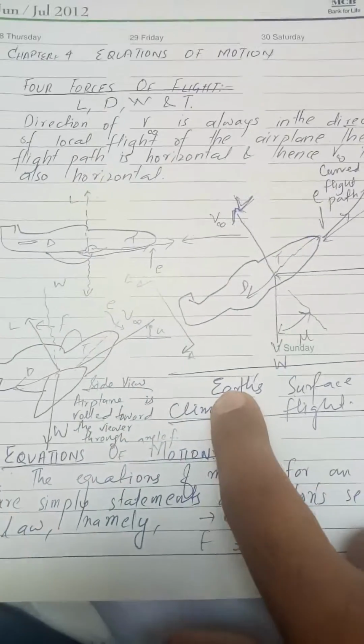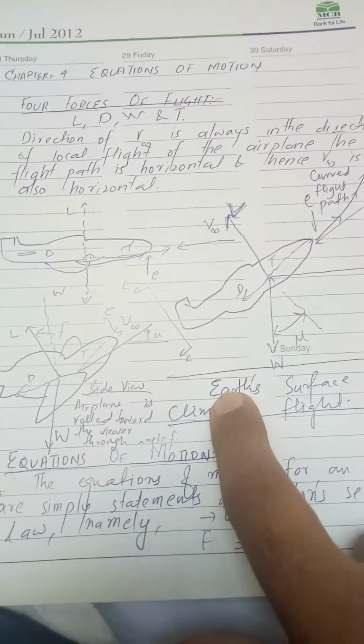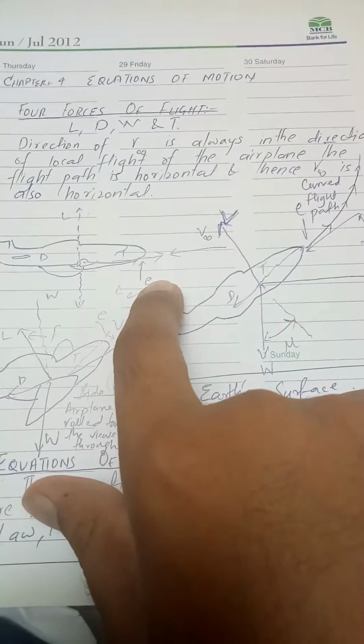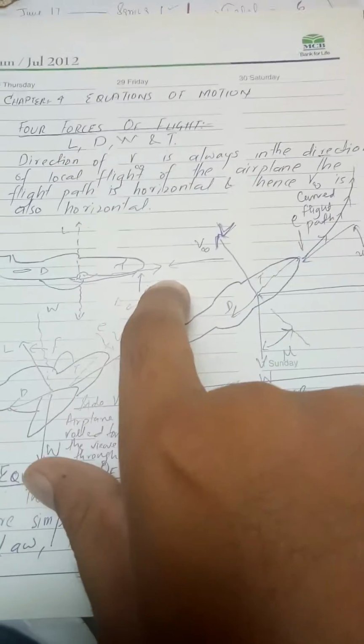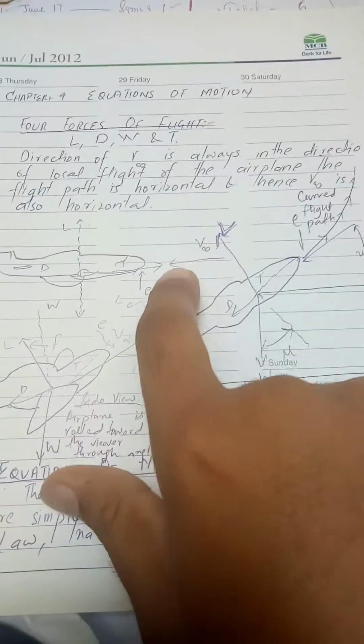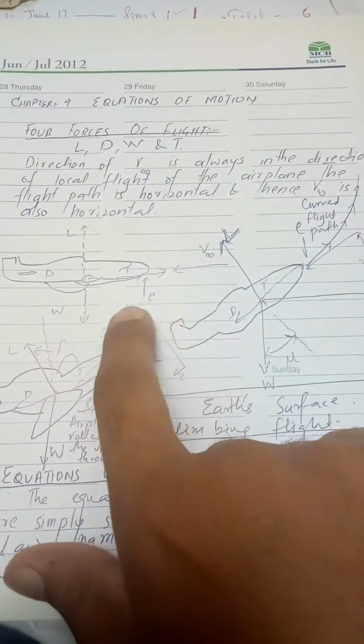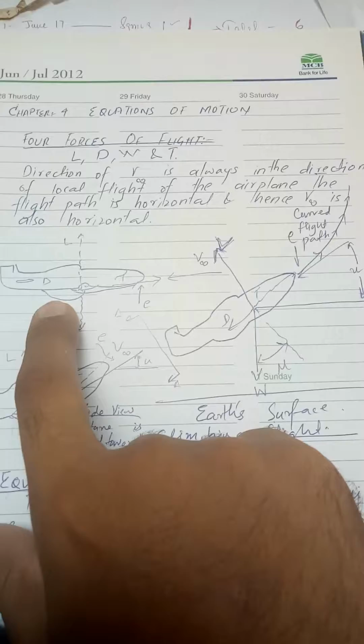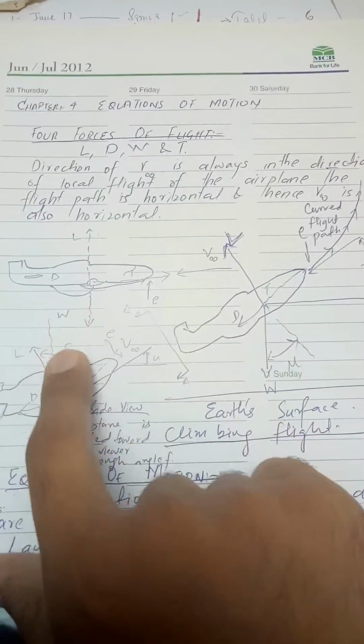Here the flight path is horizontal, and hence the free stream velocity is also horizontal, but obviously in the opposite direction to that of the thrust. This is lift, this is weight, this is drag, and the airplane is in front of you.